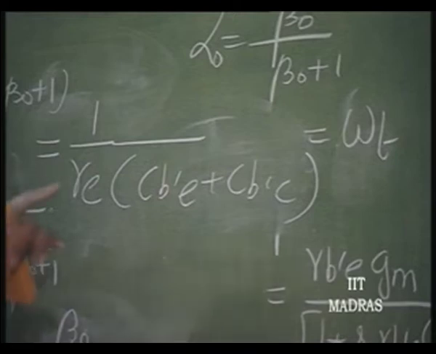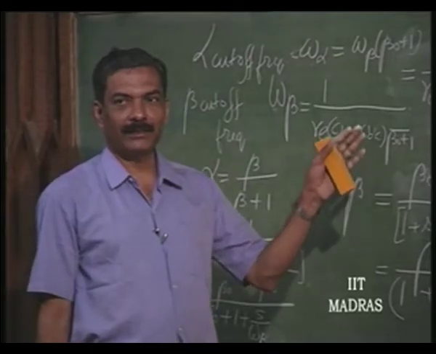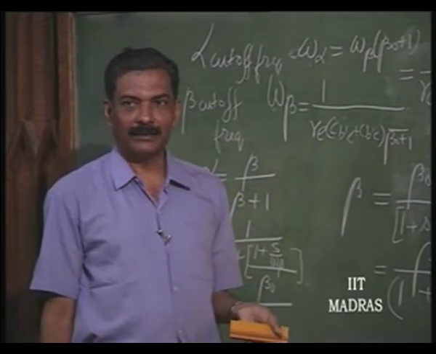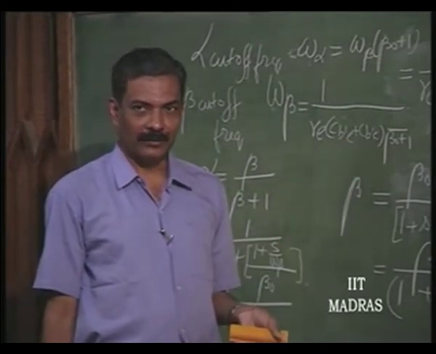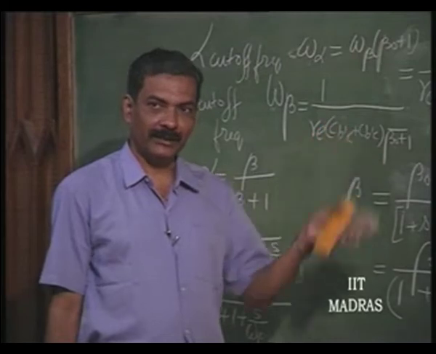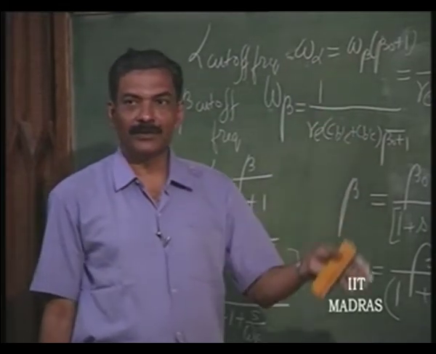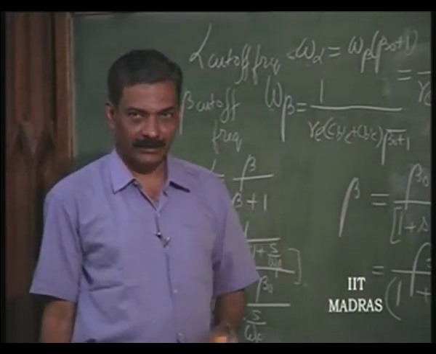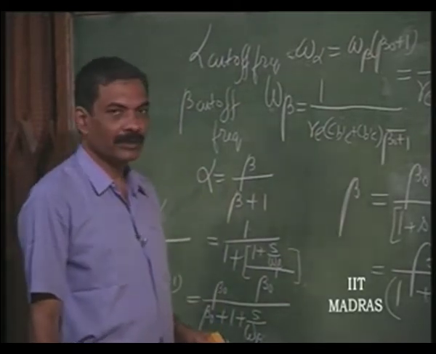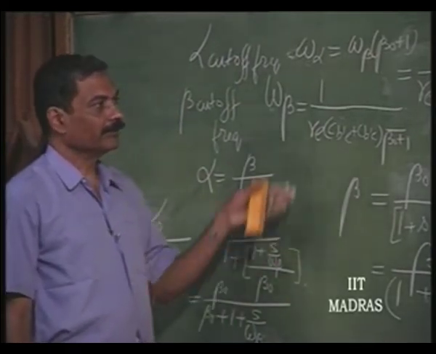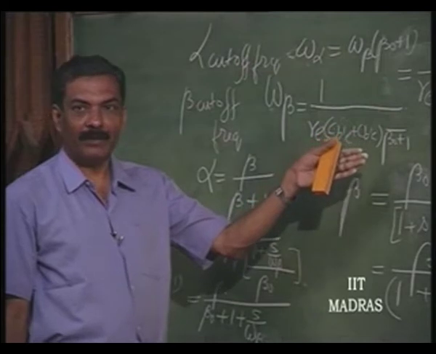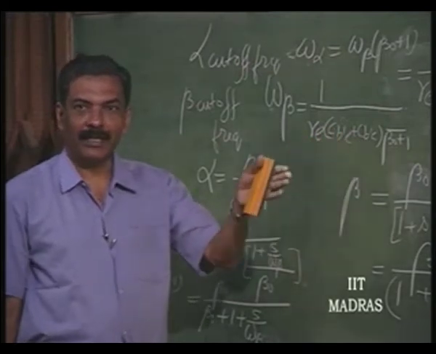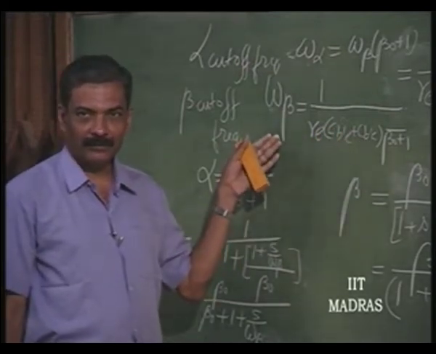So, this is called the transition frequency. The gain actually after this frequency becomes less than 1, that is, beta itself is going to fall to a magnitude which is less than 1, or alpha becomes 0.707 times alpha naught.